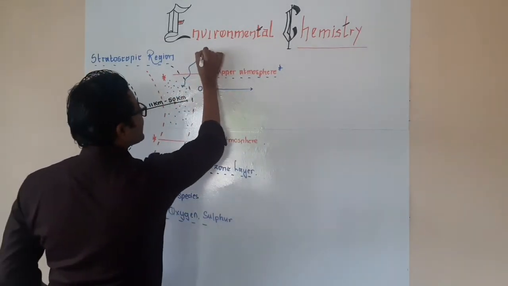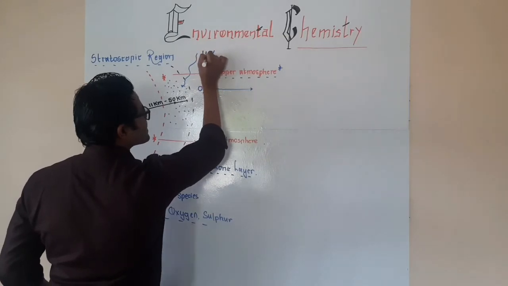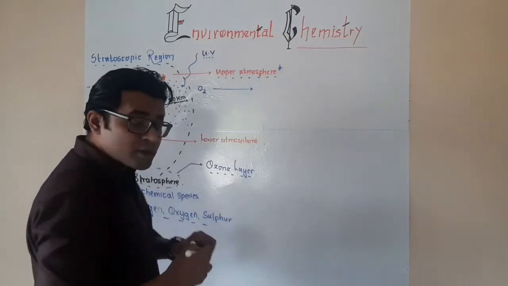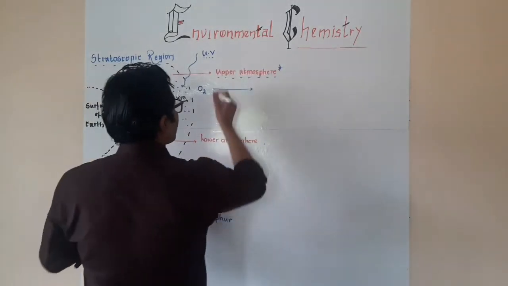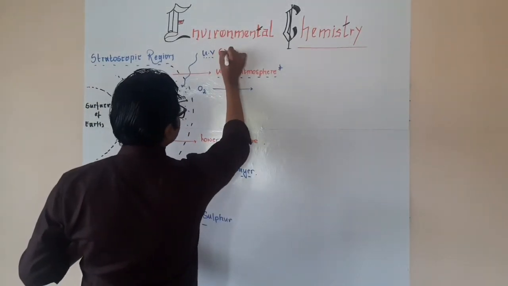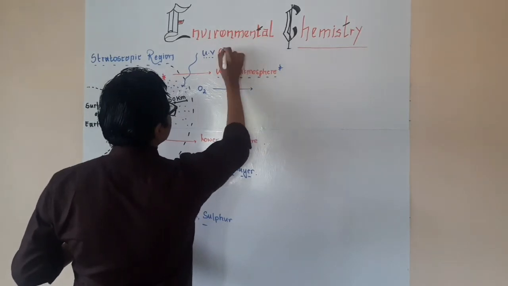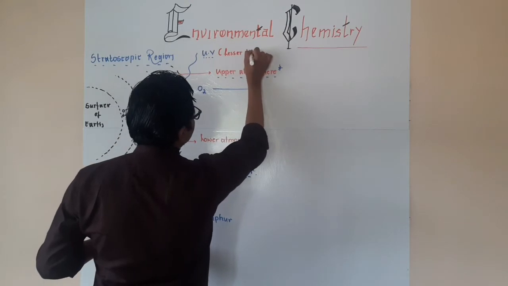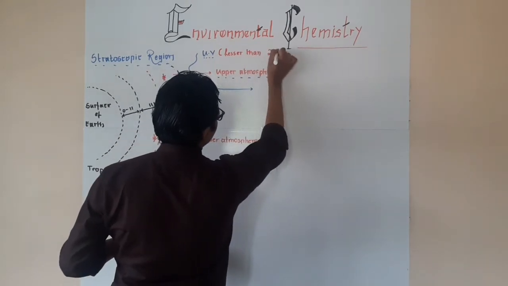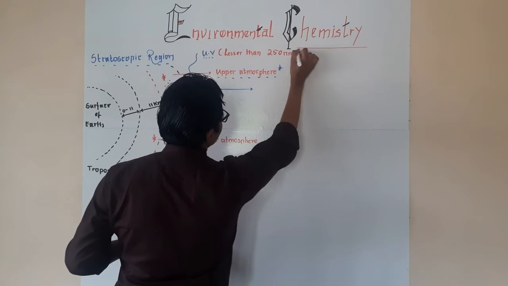The ultraviolet radiations coming from the sun, especially those with the shorter wavelength, meaning wavelengths smaller than 250 nanometers.